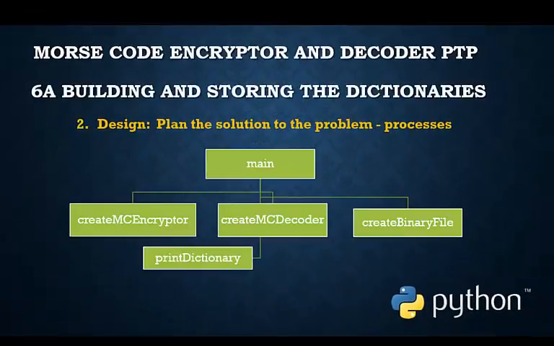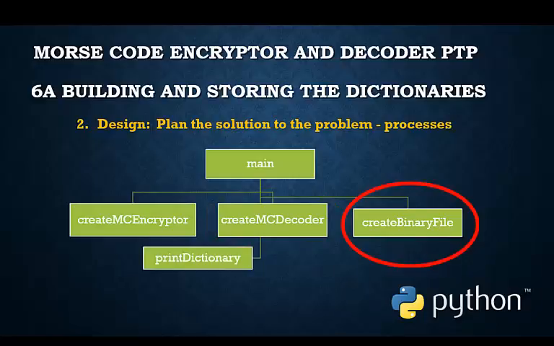Here is a structure chart to complete the process. The main function will call three other functions. The create Morse code encryptor function, which will produce an alphabet to Morse code dictionary. It will call the create Morse code decoder function that will produce a Morse code to alphabet letter dictionary.